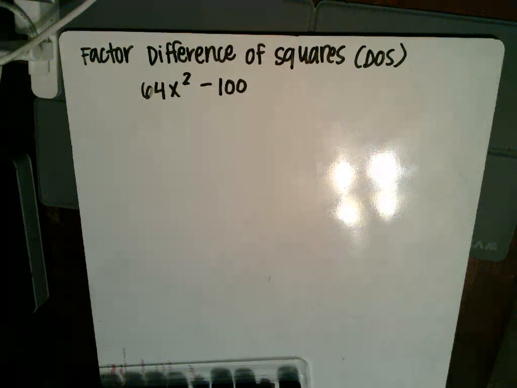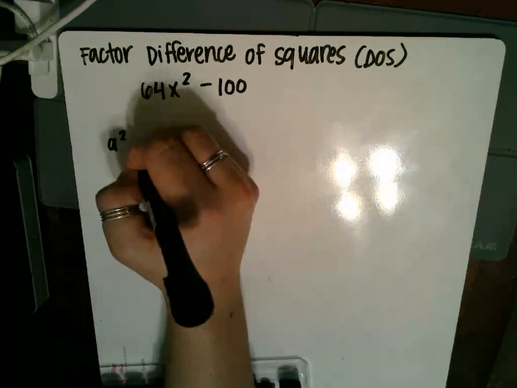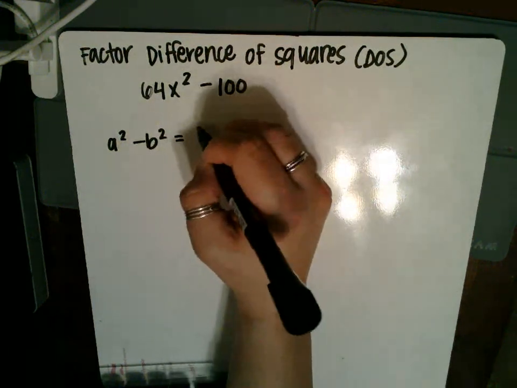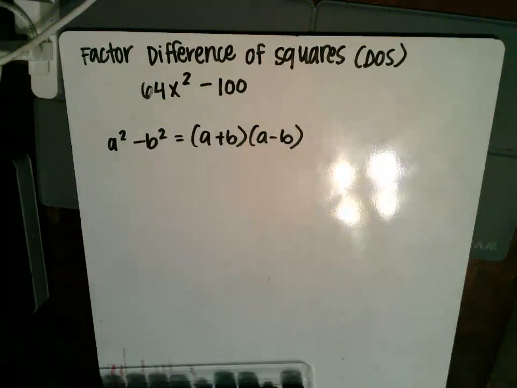And the formula for factoring a difference of squares says that a squared minus b squared is equal to a plus b times a minus b.